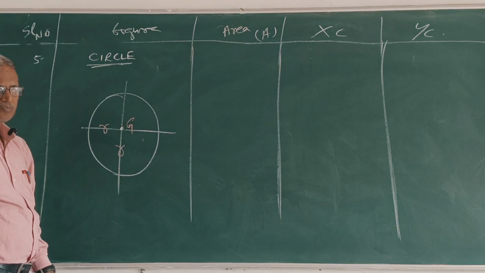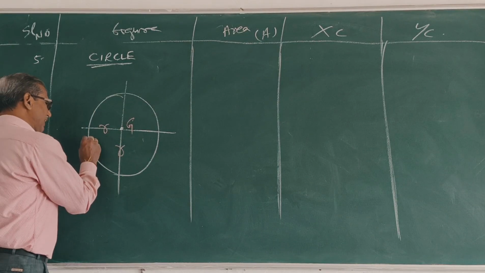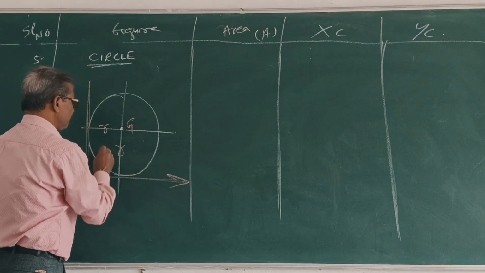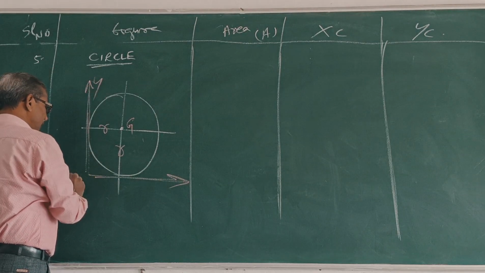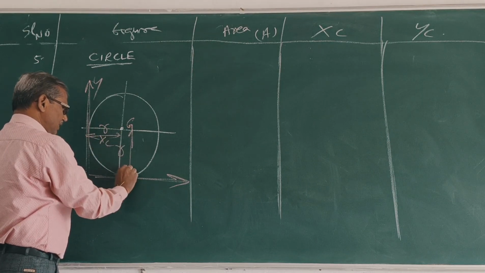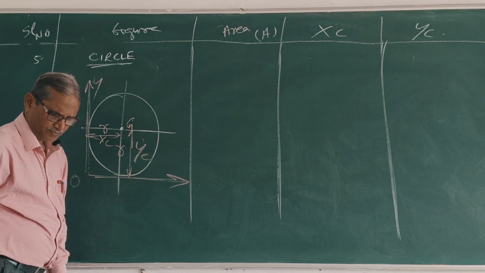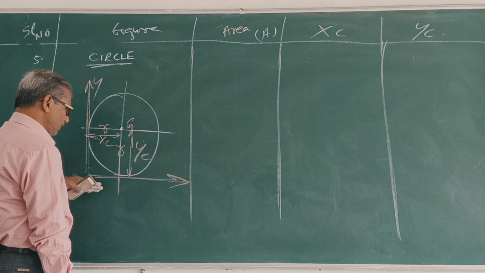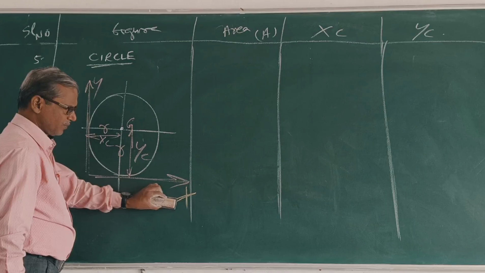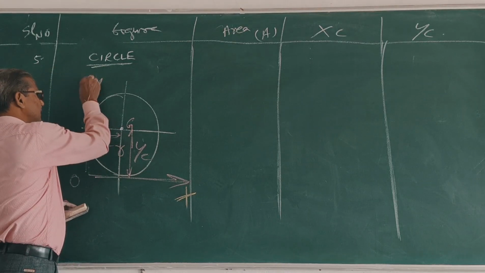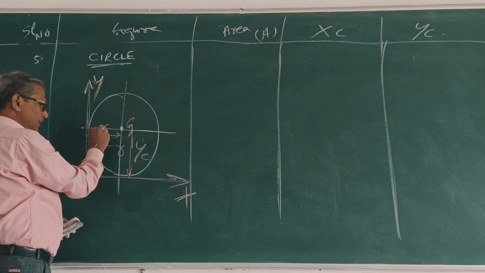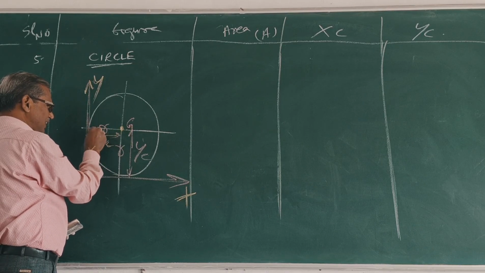But if you take this as y axis and this as x axis, clear? Then this is xc, this is yc. If you take the lowest line of the figure as x axis and extend the left as y axis, then the center is the CG, and the distance of CG from the y axis is xc.